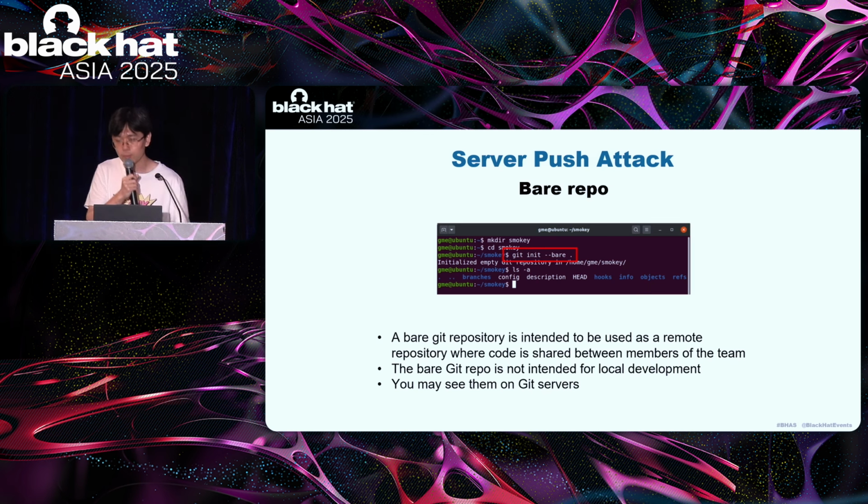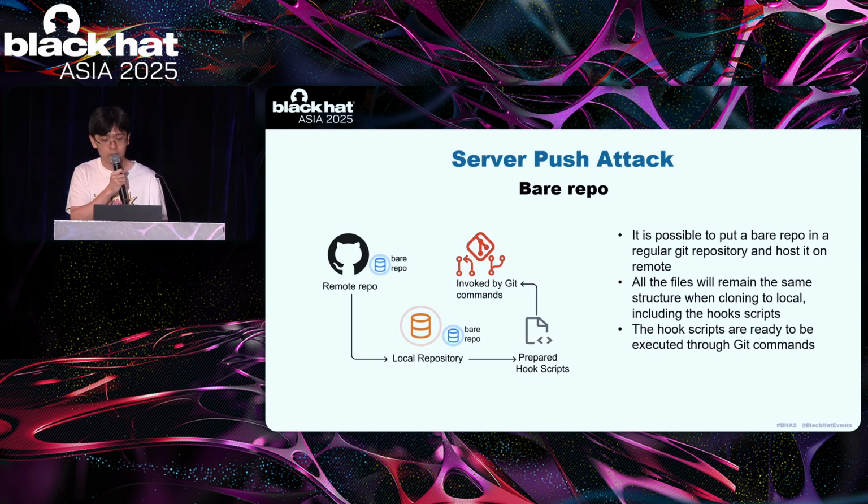It is not intended for local development, and you may see them on Git servers. But the example that we just saw shows that it is actually possible to put a bare repo in a regular Git repository and host it on the remote. All the files will remain the same structure when cloning to local, including the hook scripts, and the hook scripts are ready to be executed through Git commands.